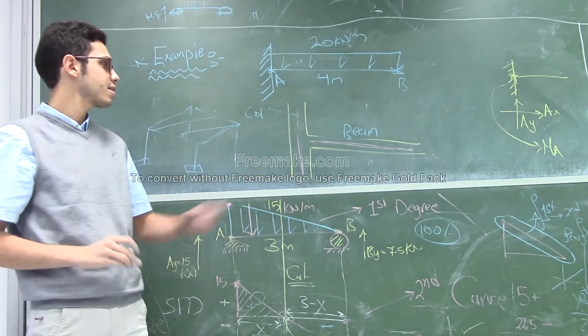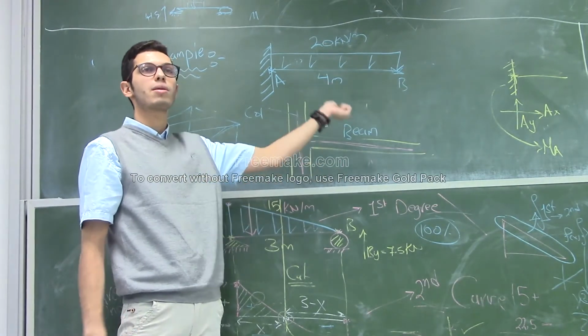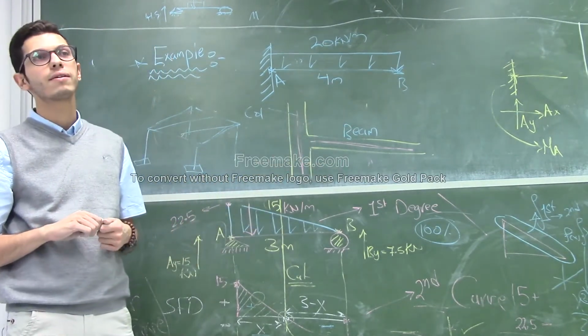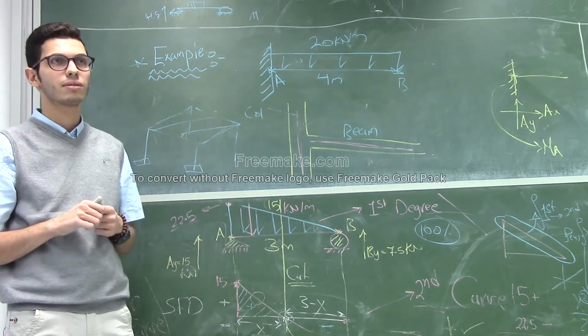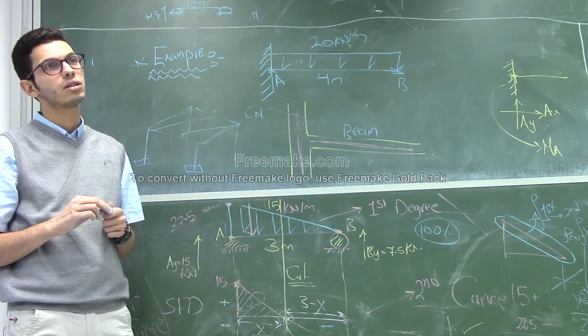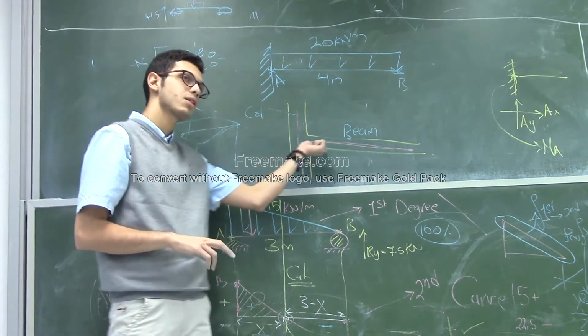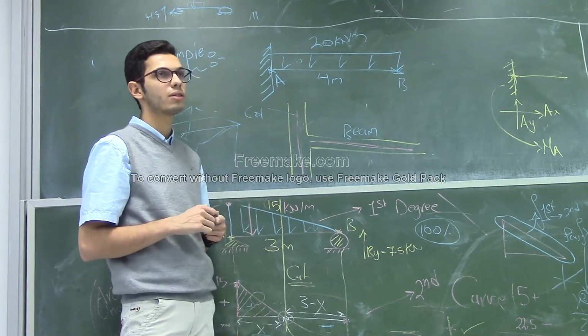In this case, is the column considered a pin or fixed? Fixed. Why? Because in real life, the steel will connect to each other. But here it's not connected to each other.